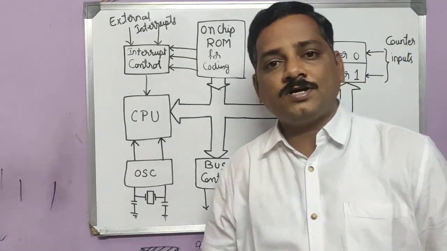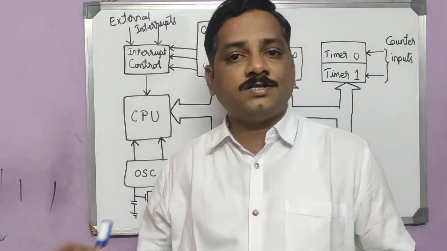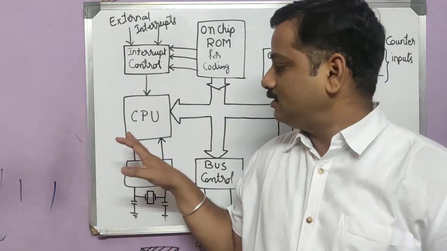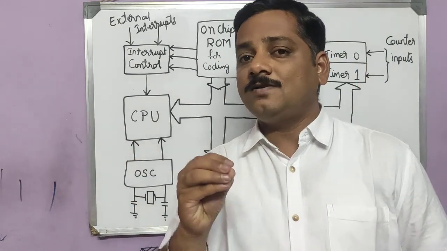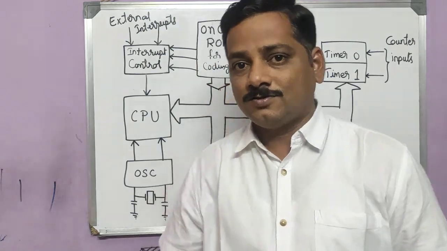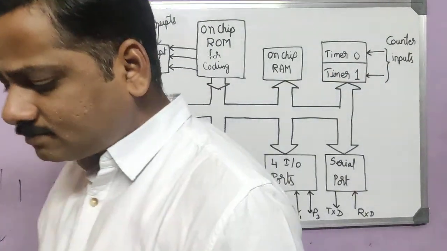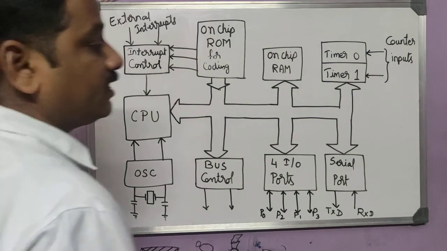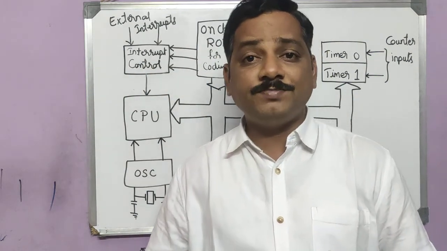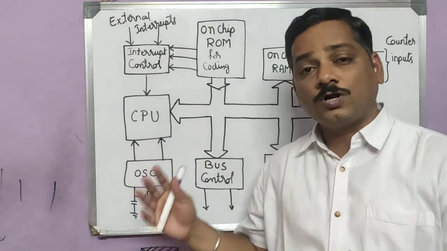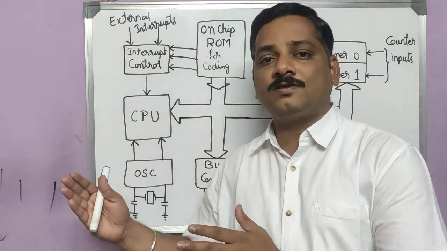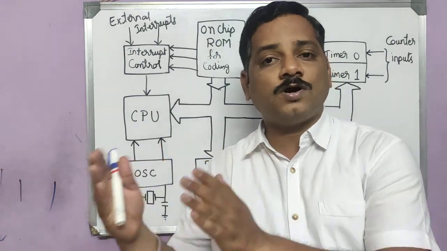Any microcontroller, processor or controller must have a CPU. CPU is nothing but a central processing unit. It consists of many registers like register A, register B, data pointer, program counter, stack pointer, PSW, and further registers like R0 to R7.